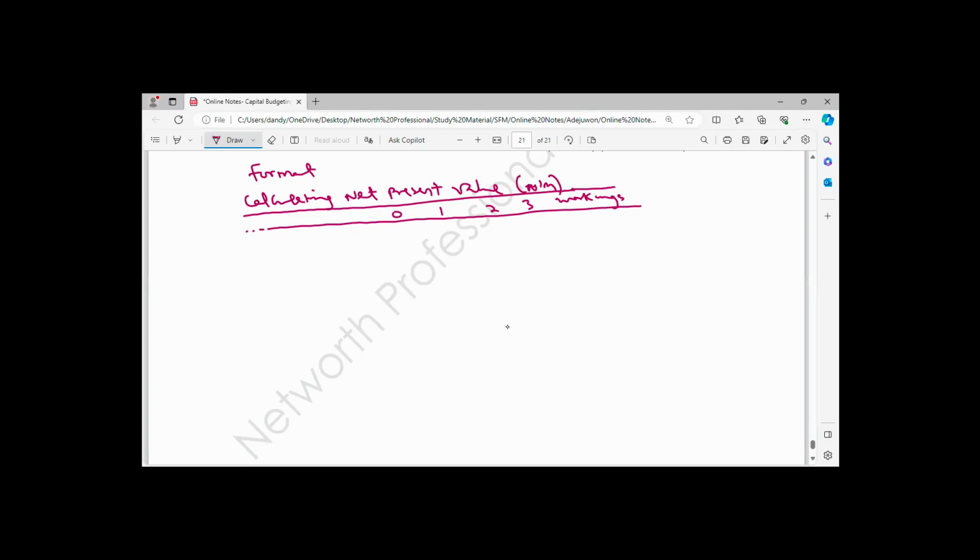You are going to have sales value, you have variable costs, and you can have direct, incremental, specific or attributable fixed cost.